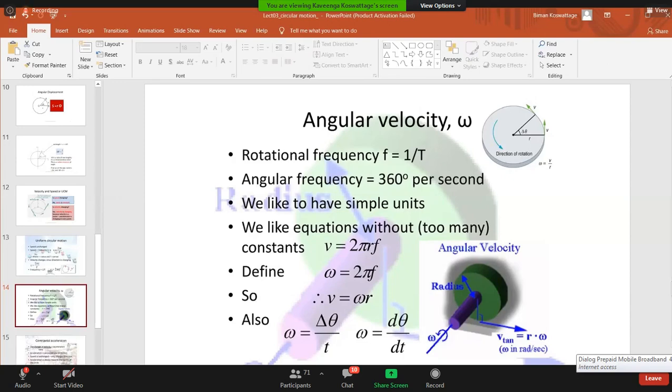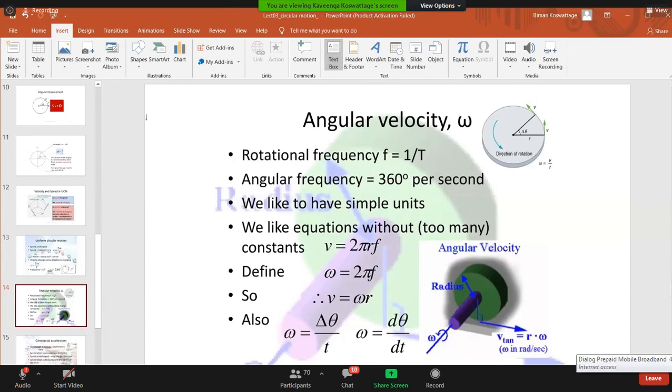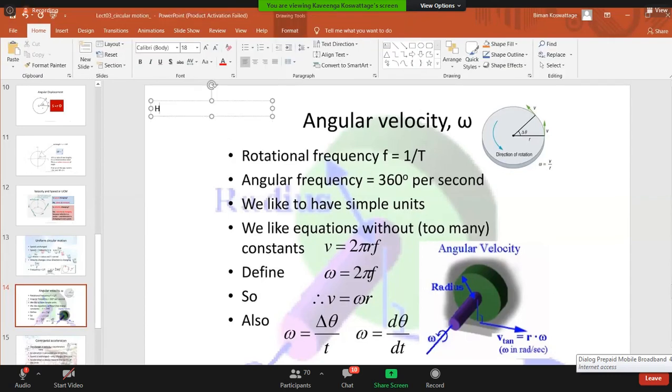So angular velocity is basically a parameter which defines how fast an object rotates or revolves relative to any point, right?